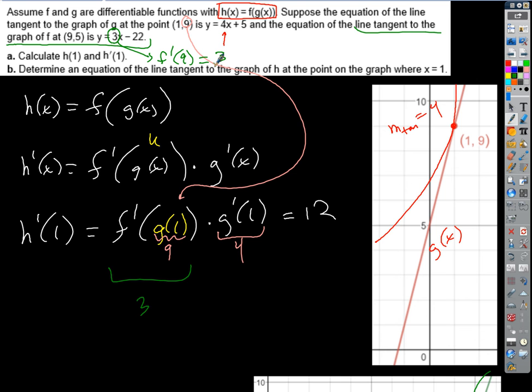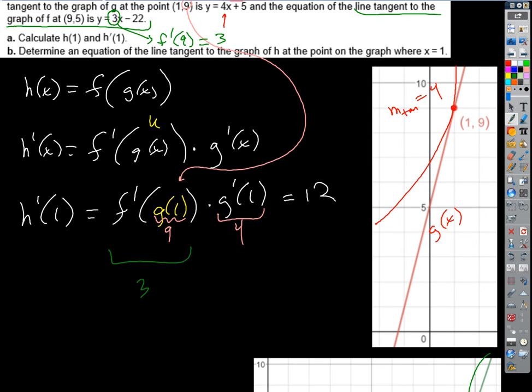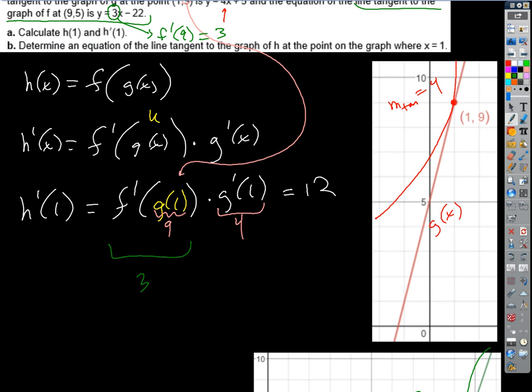Just kind of coded information there, right? And so f prime of 9 is 3. That's the output of the first link in the chain. The second link we decided was a 4. 3 times 4 is 12. Okay, so we know h prime of 1 is 12. What about h of 1? That's easier. We don't even need any calculus for that.